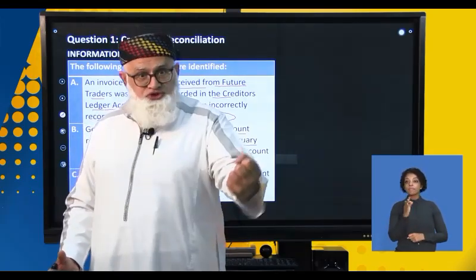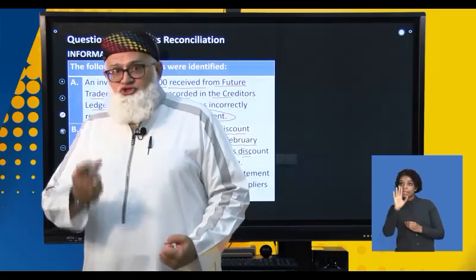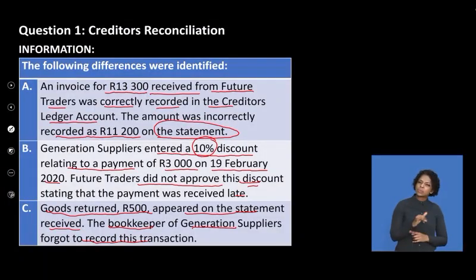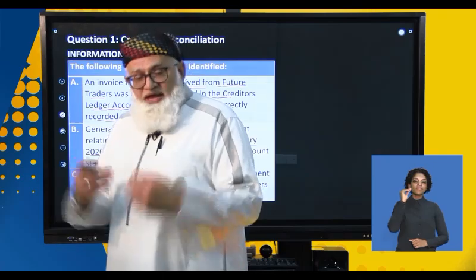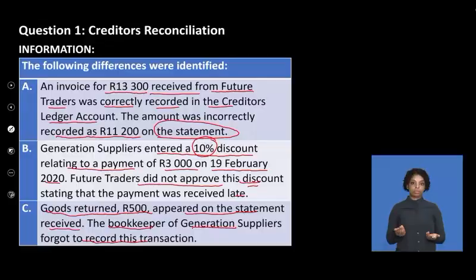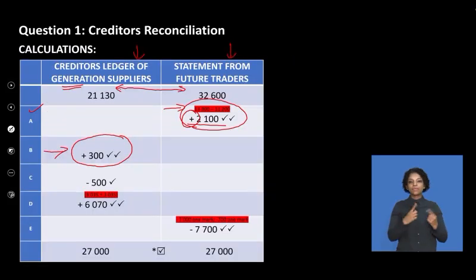Is it Future Traders? Is it us, Generation Suppliers? Clearly you can see, goods returned appeared on the statement. That means they have the information. We do not have the information in our records. Therefore, we have to update our records.